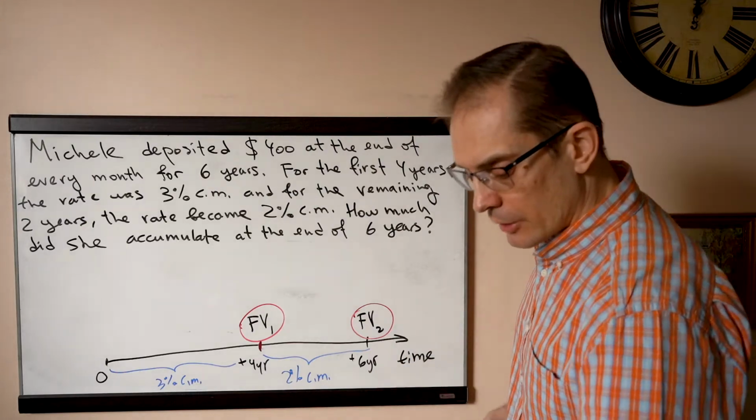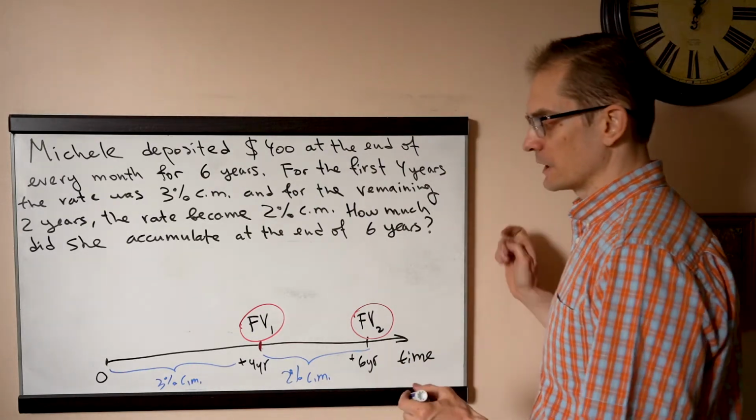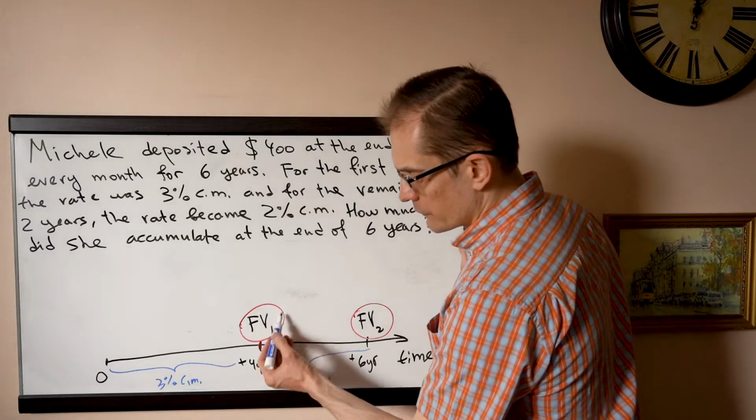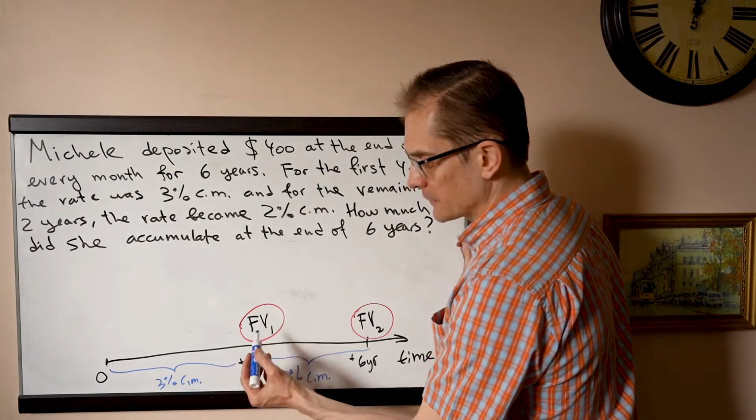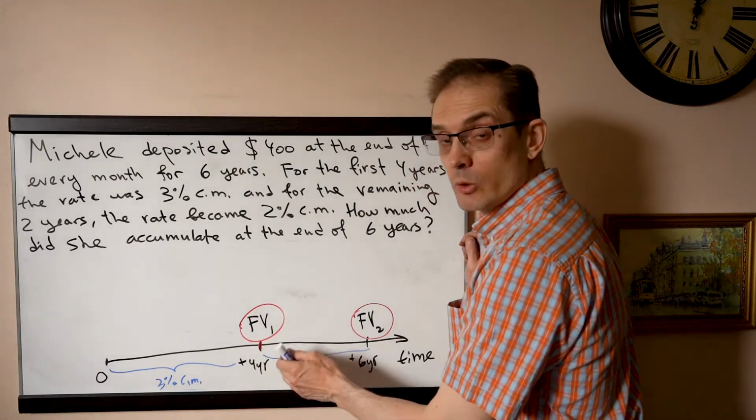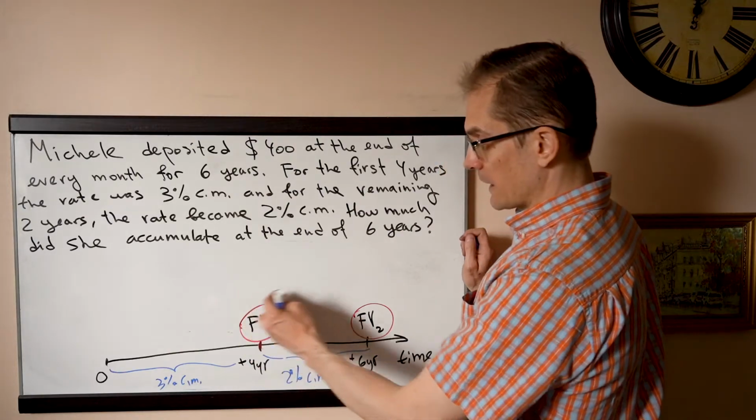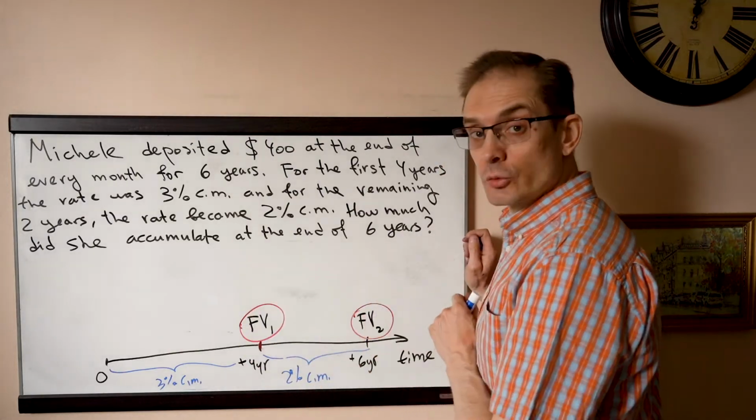Now, what is really, really important is to realize that after this first future value will be accumulated, it will be remaining in the account, it will be staying in the account for that extra 2 years, right?